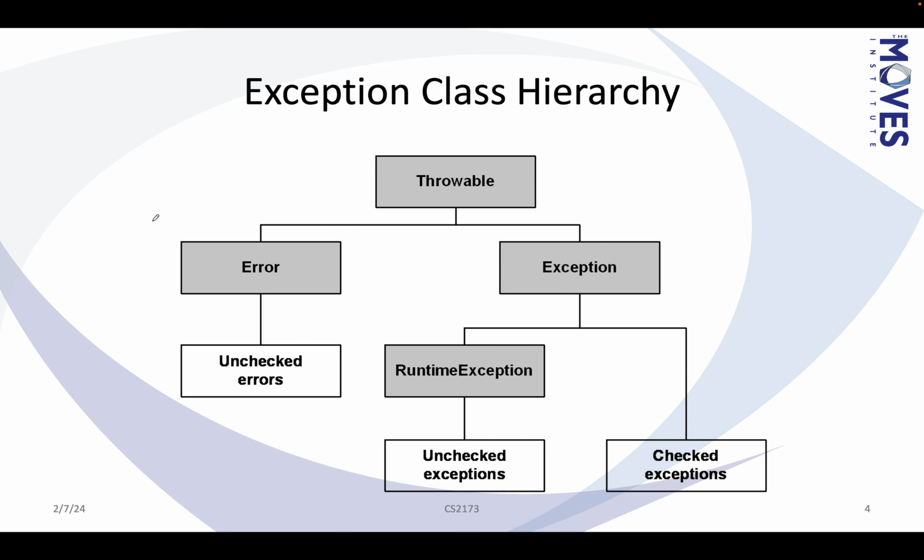As you notice, it bifurcates into two types of things. There are errors, or exceptions. So what's the difference between an error and an exception? An error is something which has gone wrong system-wide. It could be things like the Java virtual machine that you're running has a bug in it, and somehow it crashes.